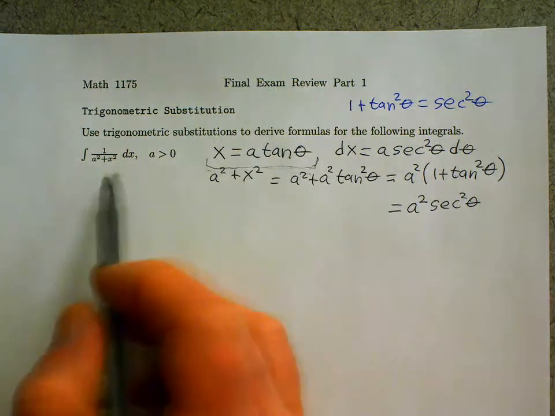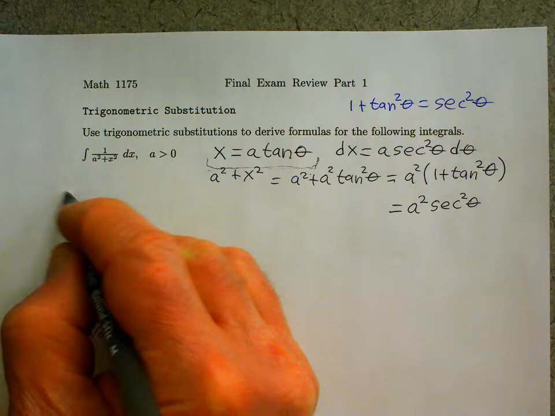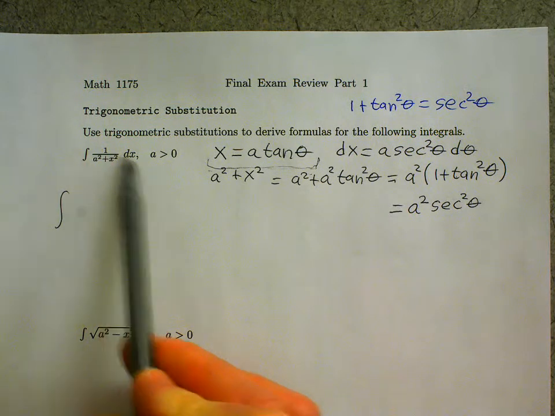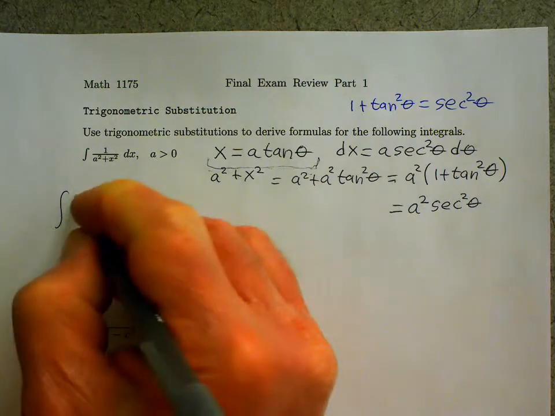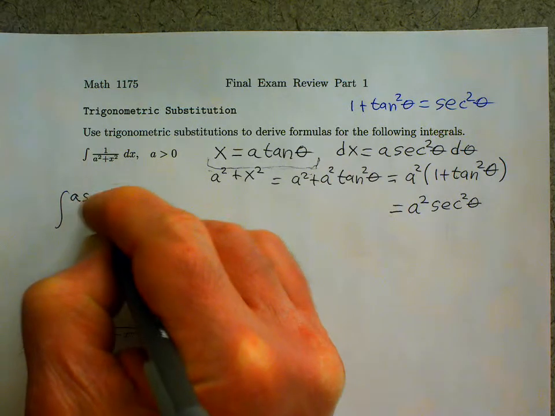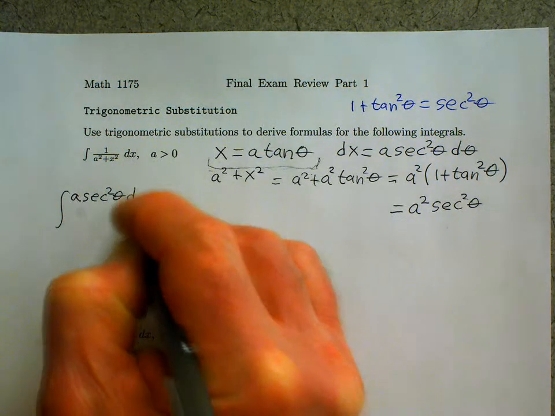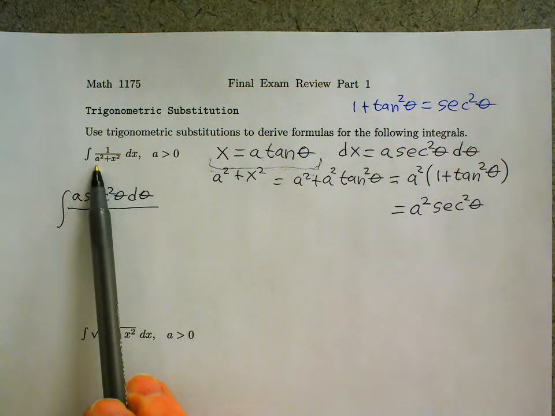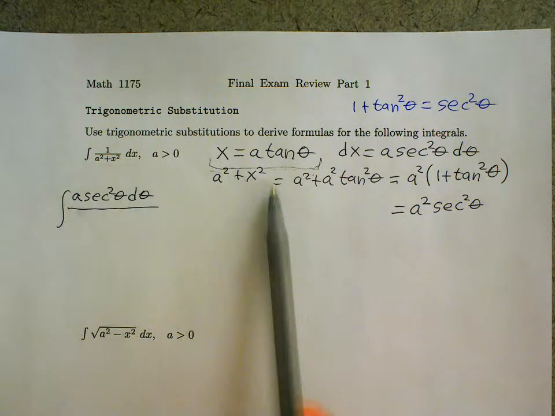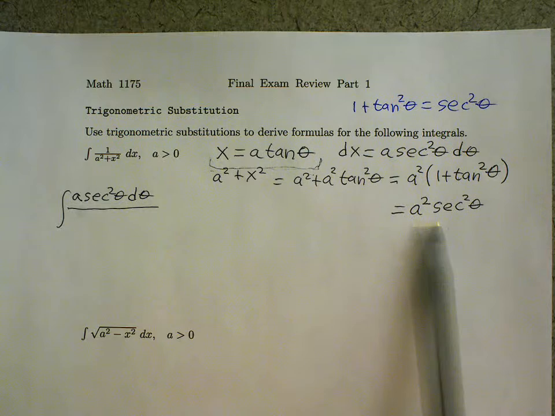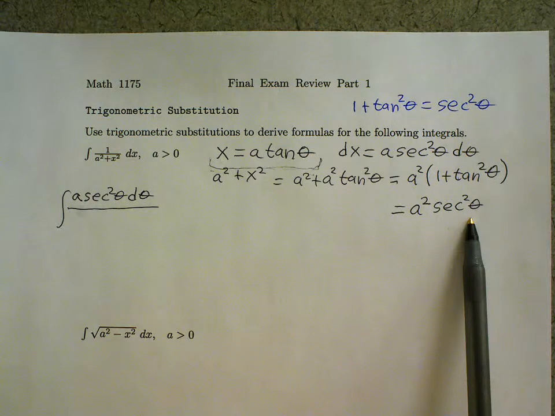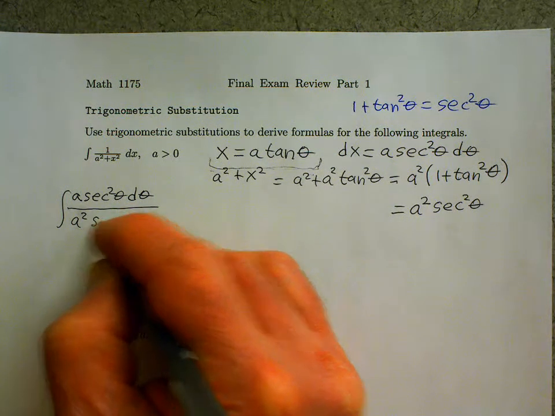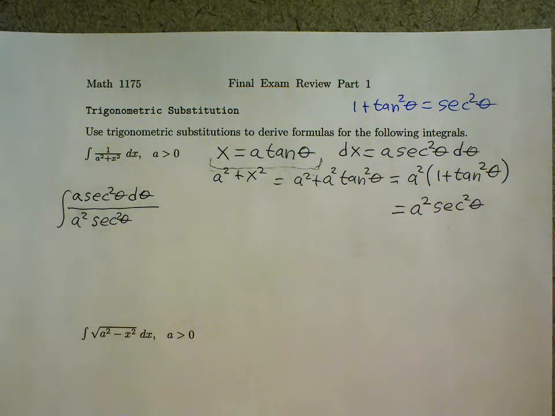Okay, so we make substitutions into the integral. Dx, we can put that in the numerator. So dx is a times secant of theta squared d theta. And in place of a to the second plus x to the second, we can just replace it with a to the second times secant of theta squared.